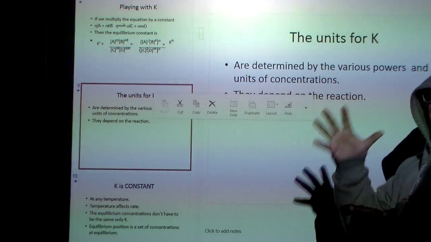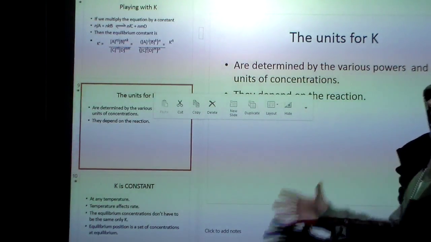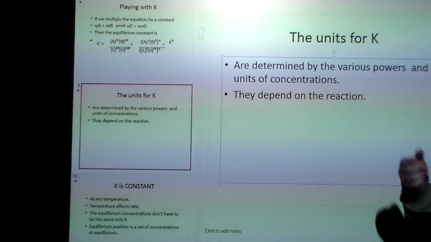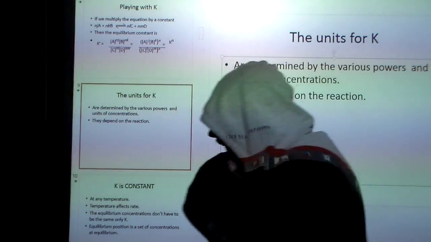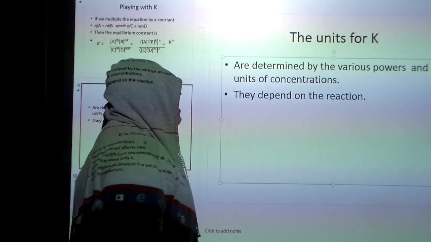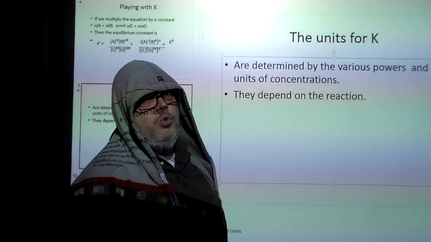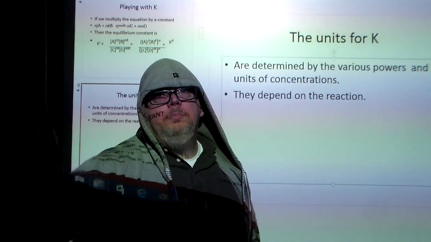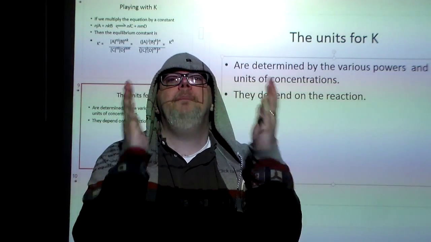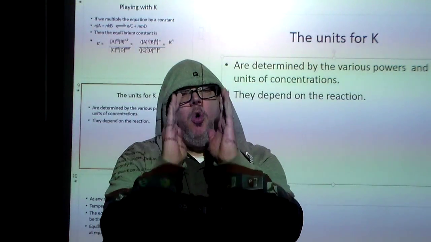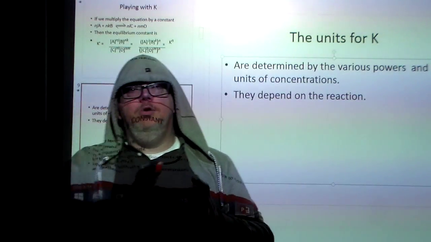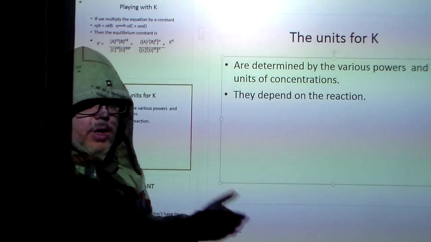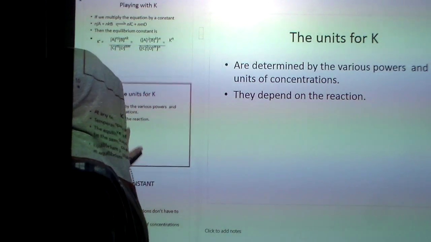That's just it. They're not really specific because it depends on several things. It depends on the various powers and the units of concentration that we have. You can have something that's cubed in one equation, squared in another, or it could be to the 4th power or the 5th power. It depends on the reaction. So don't get hung up on K and the units.